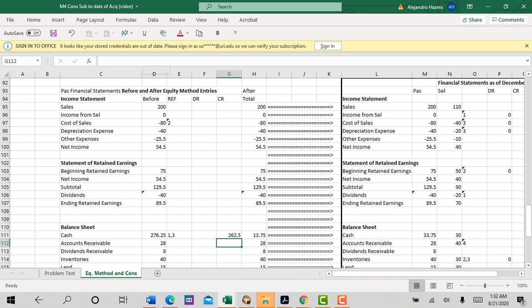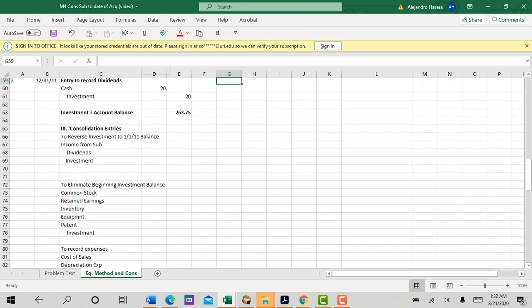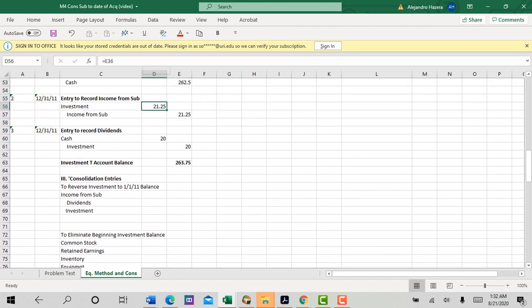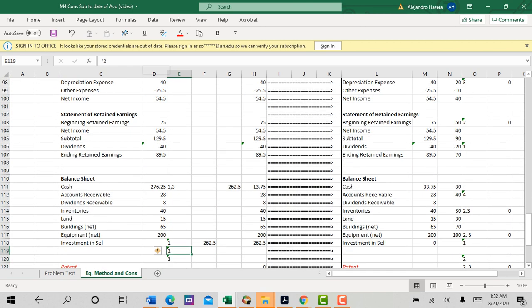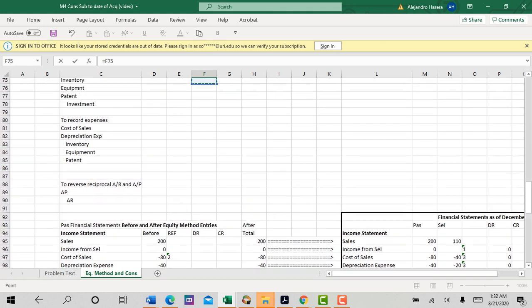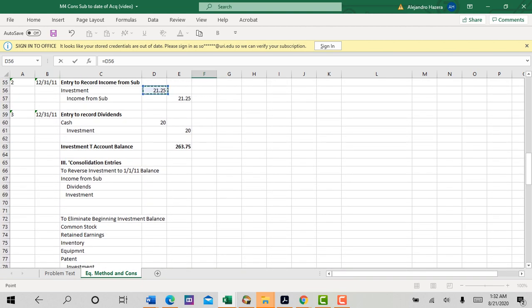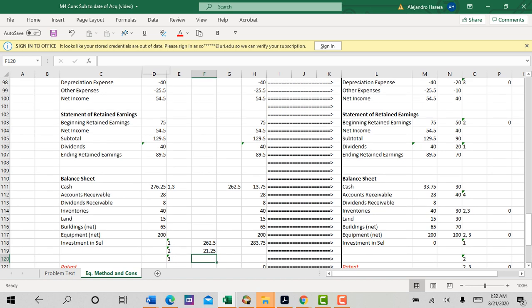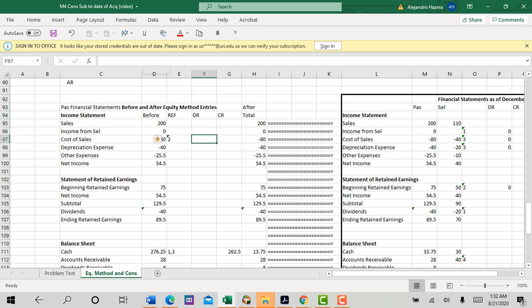Entry number 2: we're just going to debit the investment account. If you look at entry number 2, debit the investment account for 21.25 and credit income from sub for 21.25. So in entry number 2, we will debit the investment account for that amount up there, 21.25, and we'll credit income from sub right here.